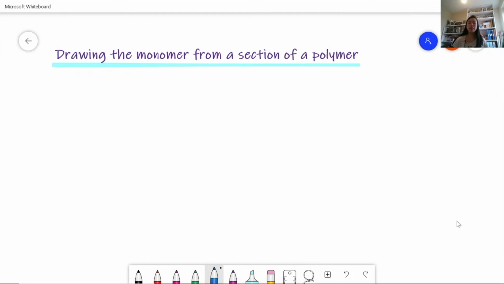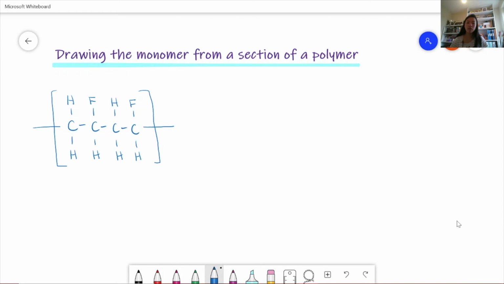Now we're going to look at drawing a monomer from a section of a polymer. So this is actually quite simple, and what we do is we just work backwards from drawing a polymer from a monomer. And so if we've been given a polymer like this, let's say we have 4 carbons and then a hydrogen and a fluorine. So say we've been given this polymer. What we do to get the monomer is just attach the double bond back.